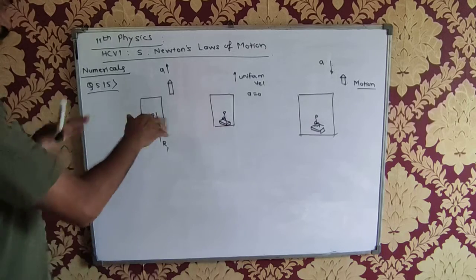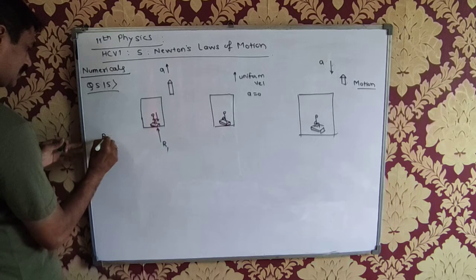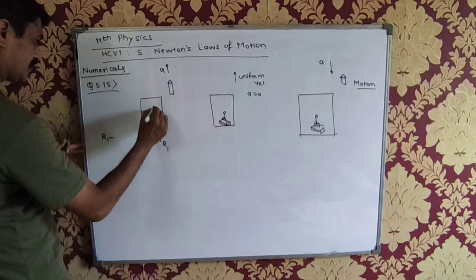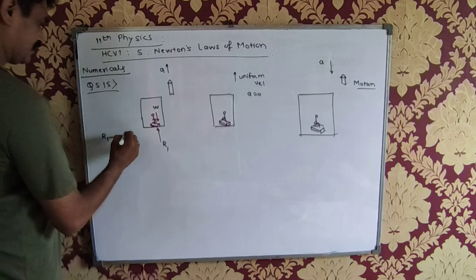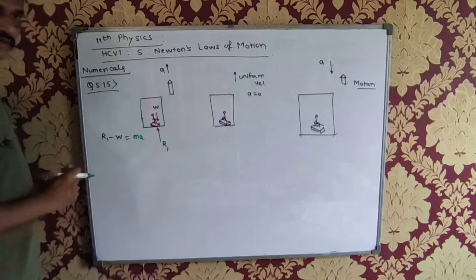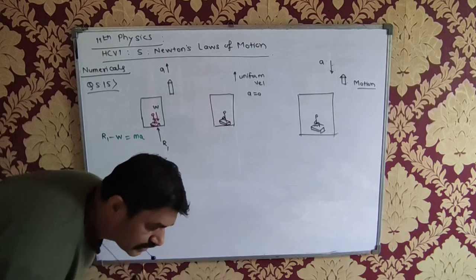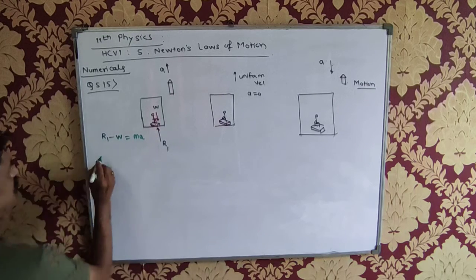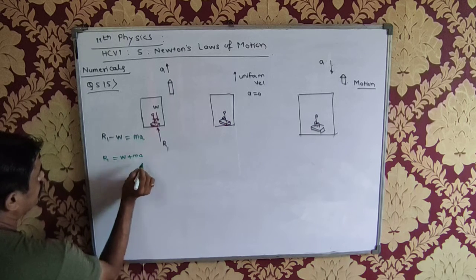Now which of the two is winning? R1 upward. R1 minus weight is equal to force, that is equal to ma, because it is having some acceleration. So what we get here is R1 is equal to W plus ma.